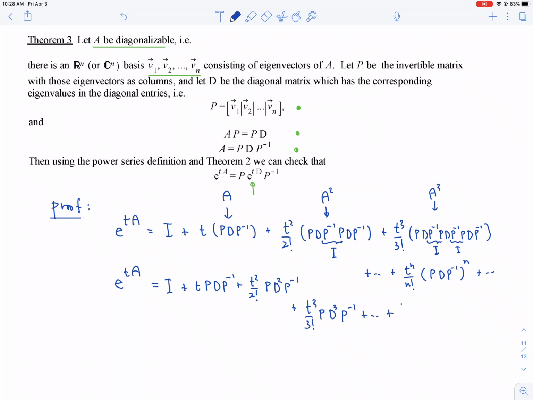In general, t to the n over n factorial P D to the n P inverse.